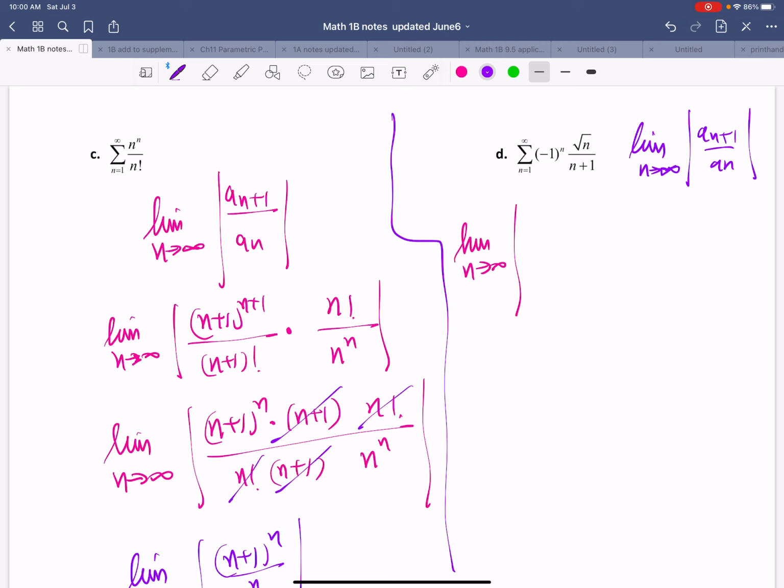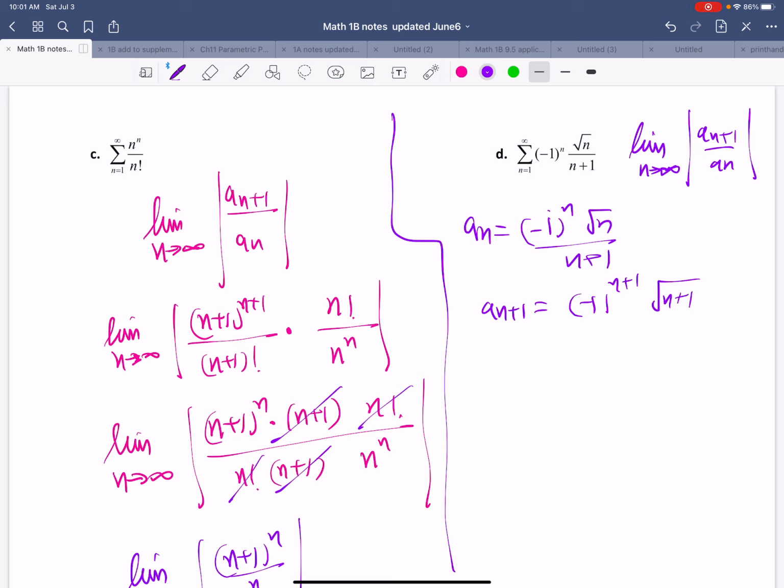It's an alternating series, so let's write the a n term here. We might have to switch some things. a n is negative 1 to the nth power square root of n over n plus 1. a n plus 1 would be negative 1 to the n plus first power square root of n plus 1 over n plus 2. So now I'm ready to take the limit.